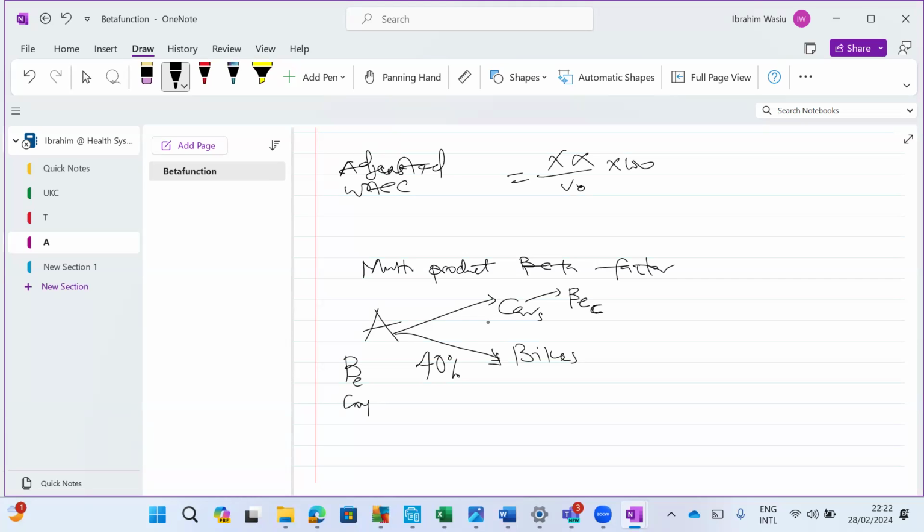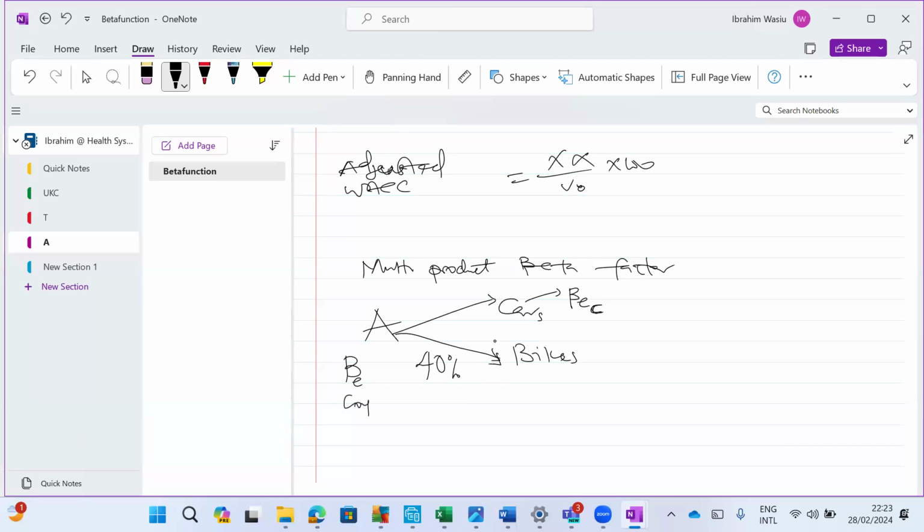Okay, then the examiner will give you the beta equity of the company, of the car business rather. But the funniest part is that here the examiner will now ask you, like maybe you want to go into the bike business. Now there is no beta for bikes. So it's your duty to calculate the beta equity or asset depending on the case, based on what the examiner gives you for the whole company.